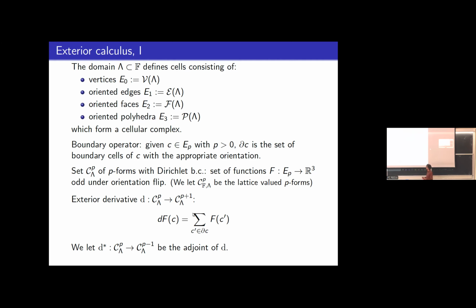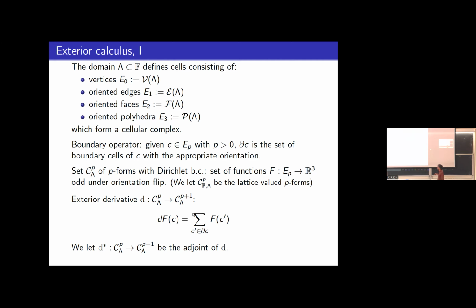If you apply the exterior derivative to a function on edges, you produce a function on faces, and so on. The definition is this: if you take a cell C in the p+1 complex, df of C is just the sum over the boundary elements C' of C of f of C'.